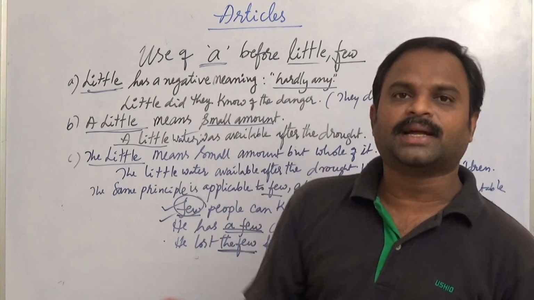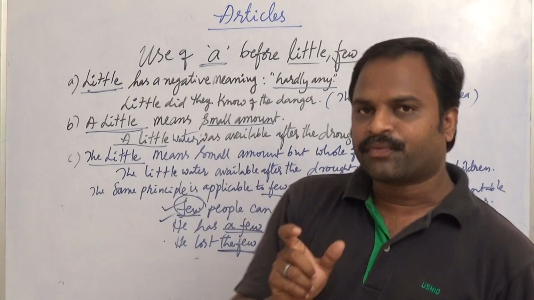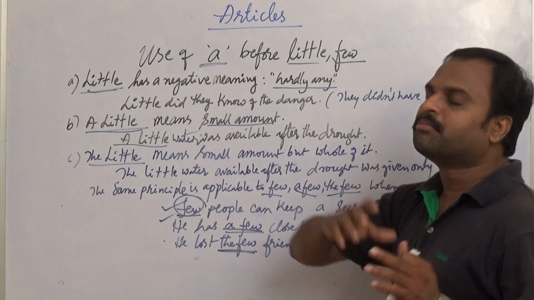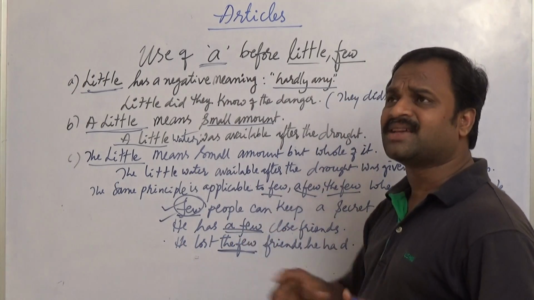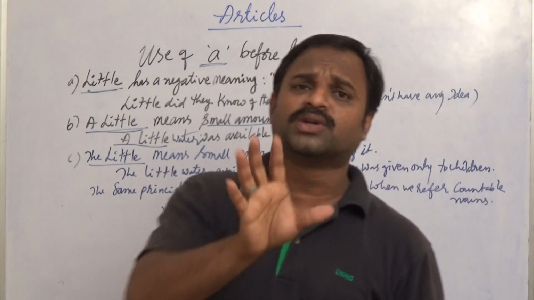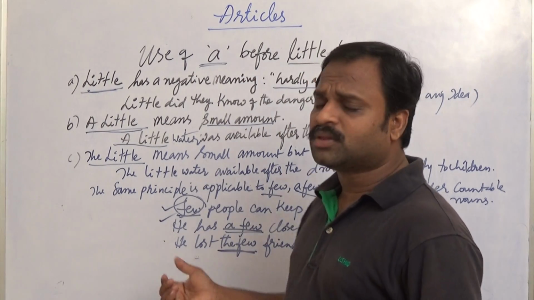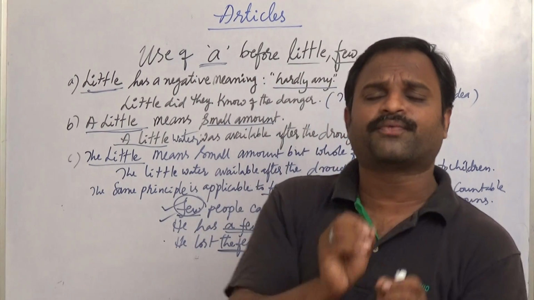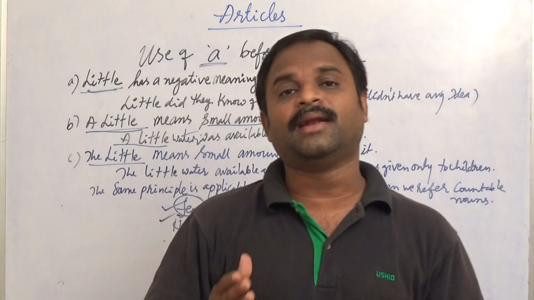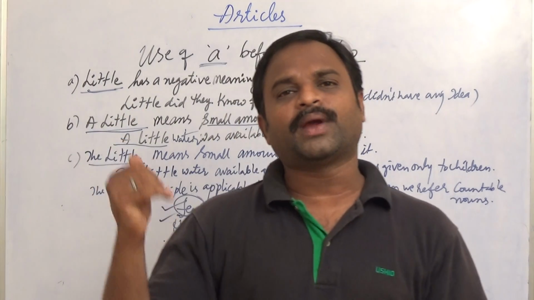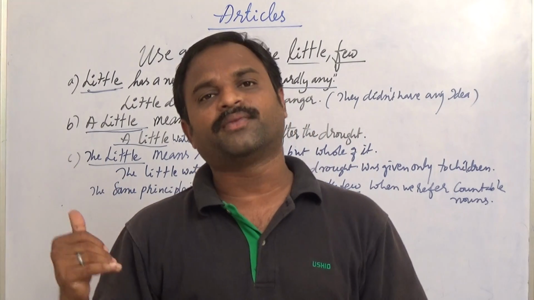The little means only that amount. Same like few: many are there, but only few chosen ones. And a few close friends: he has many friends, but among them only a few close friends are there. The few means only those few friends. So that is the difference between little, a little, the little, few, a few, the few.